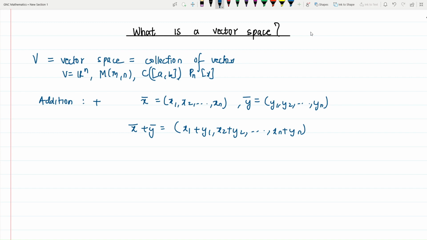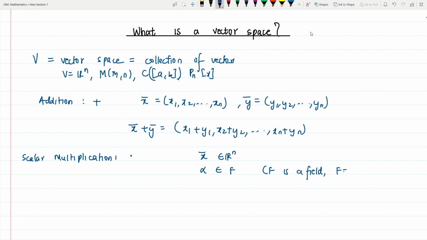In addition, we need to define another operation, scalar multiplication. We'll denote the scalar multiplication by dot. So suppose we have a vector x bar again in R^n, and suppose we take a scalar alpha in F. Now F is a field.